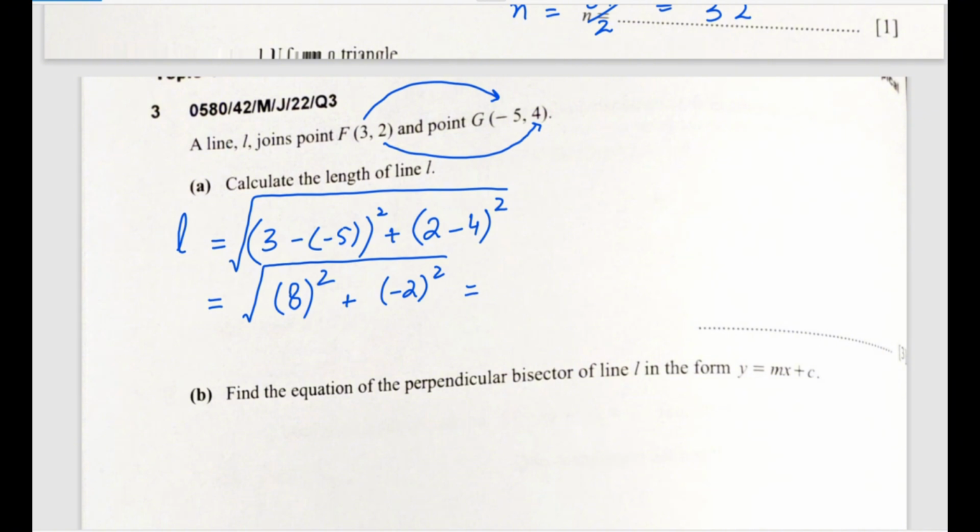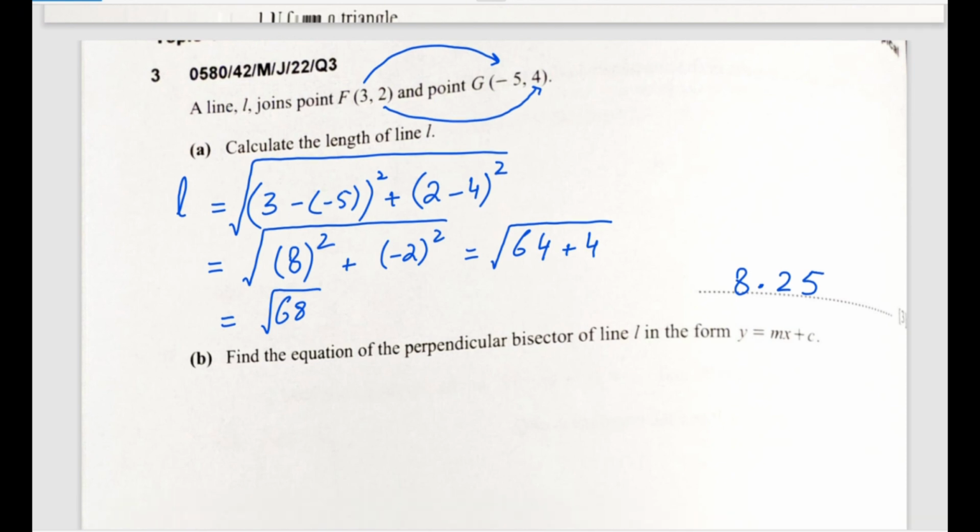So 8 square is 64 and 2 square is 4. And minus square is always plus. So 64 plus 4 is square root of 68. If we solve the square root of 68, that is 8.246. If we round to 3 significant figures, the answer will be 8.25. This is the distance between the points F and G.